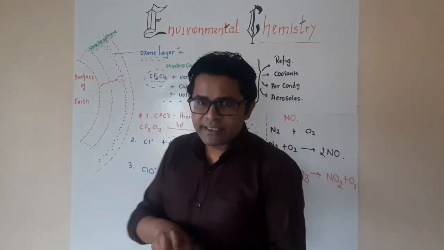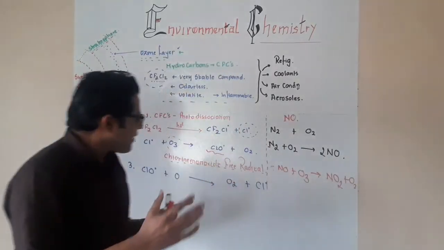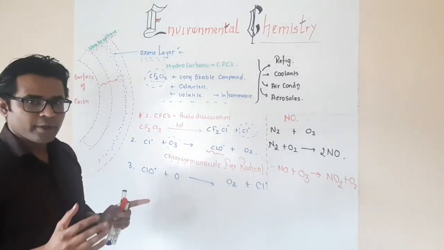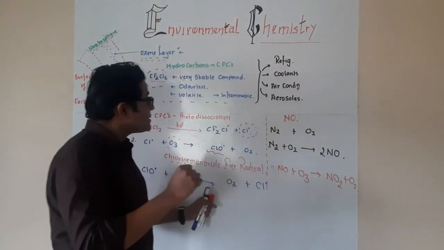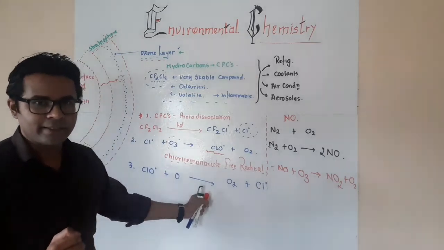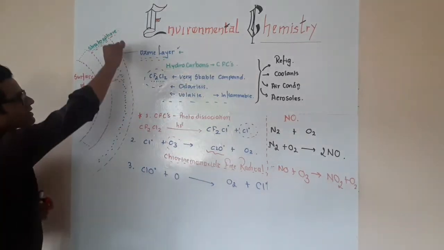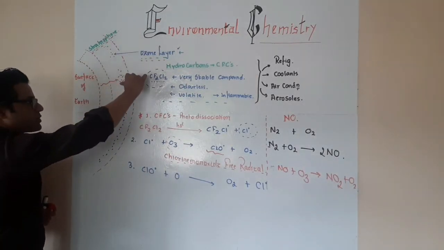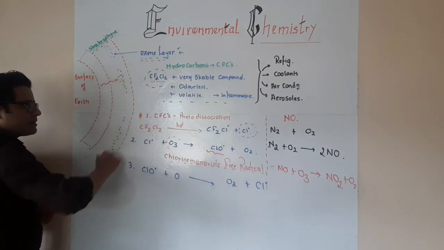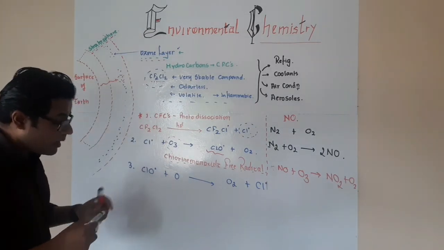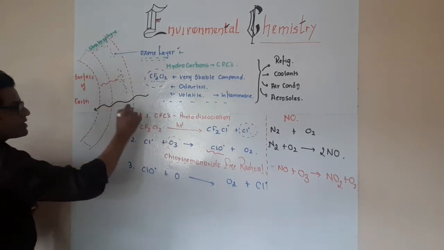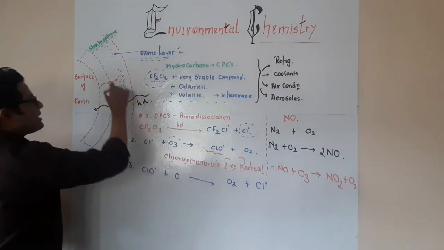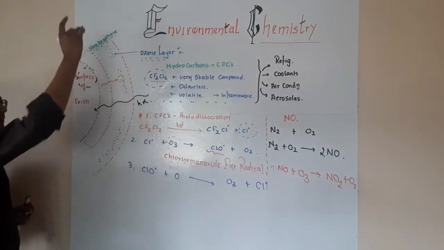So these are certain points we need to understand about why the ozone layer is getting depleted. Now, as the ozone layer gets depleted, more ultraviolet radiations are going to enter the surface of Earth.